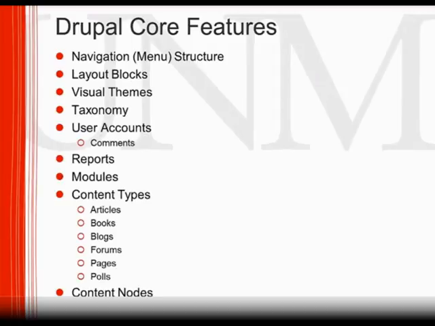Drupal is organized by a system of content types. So every piece of content that you add into a Drupal site has a type. And the default types that you have are articles, which are simply little story items that can be embedded into a page. You actually have web pages, which take up the entire web page that you can create.